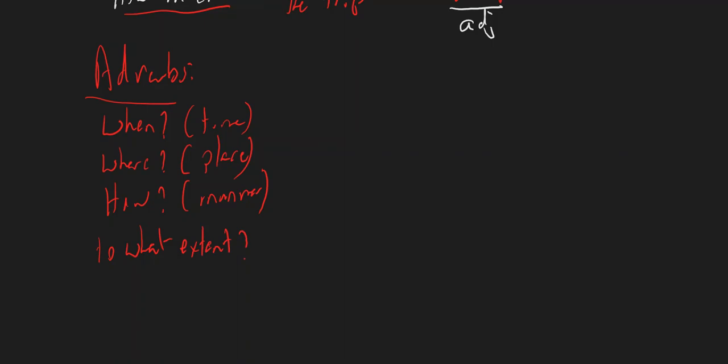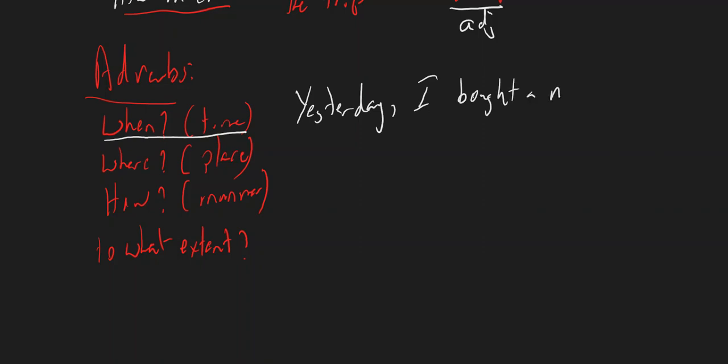So in terms of adverb of time, which answers the question of when, you might say yesterday, comma, I bought a new jacket. Okay. So yesterday is the adverb of time, showing the time of the action, which is the action of buying.